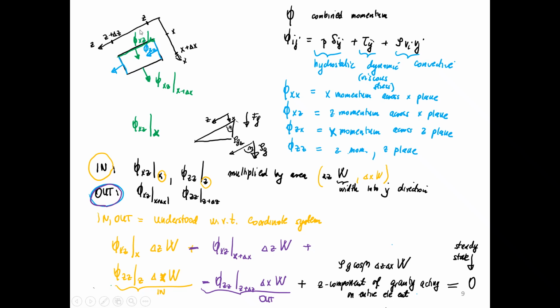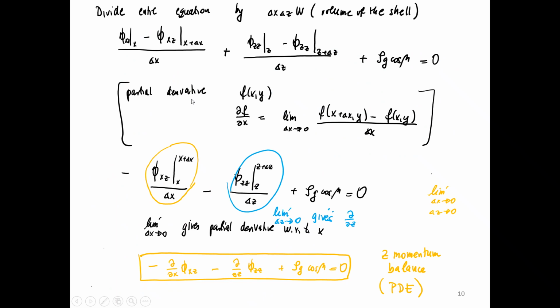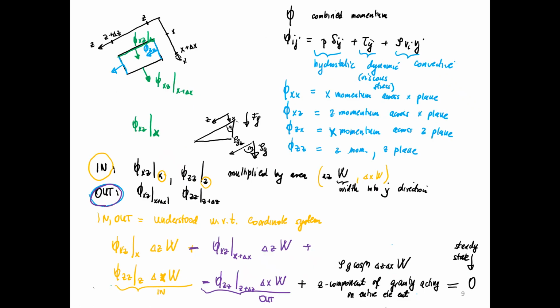This one I refer to as phi xz, and then sort of like a vertical line evaluated at x. So x is constant here. Okay? And this one is the same phi xz evaluated at x plus delta x. So this is just a shorthand notation, so I don't write phi xz at x plus delta x comma z. Right?